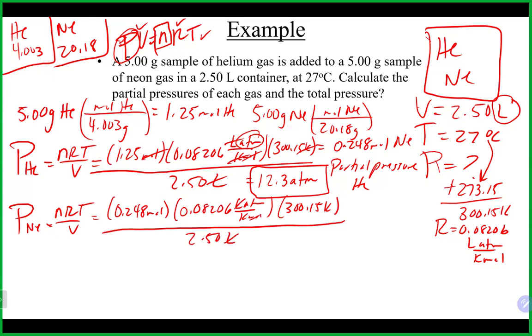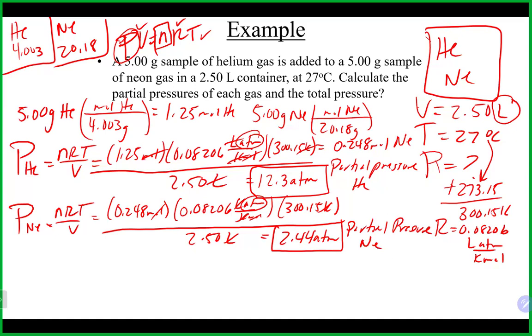Same canceling out here, leaving us just atmospheres. And that will get us here 0.248 times 0.08206 times 300.15 divided by 2.5, and 2.44 atmospheres in this case. And that would obviously be our partial pressure of neon in this particular mixture. Any questions on that one?